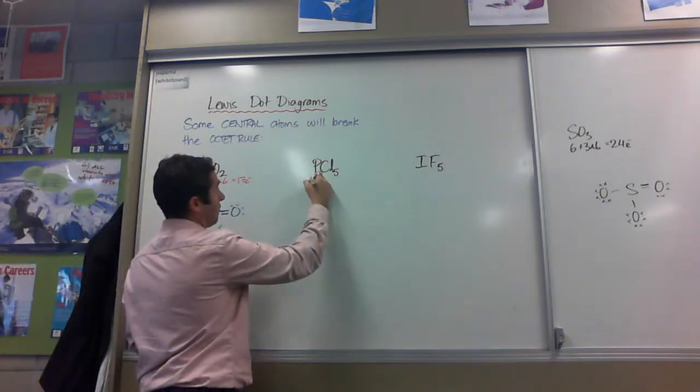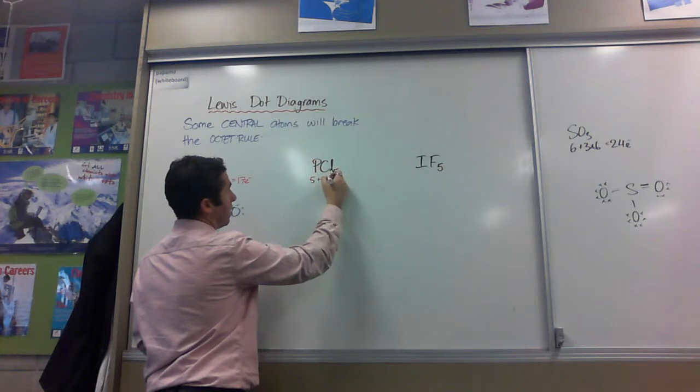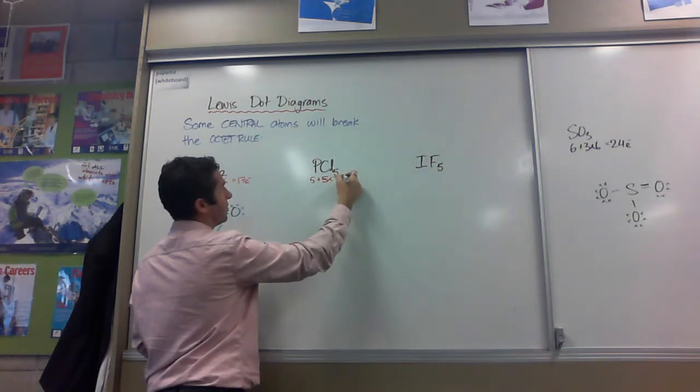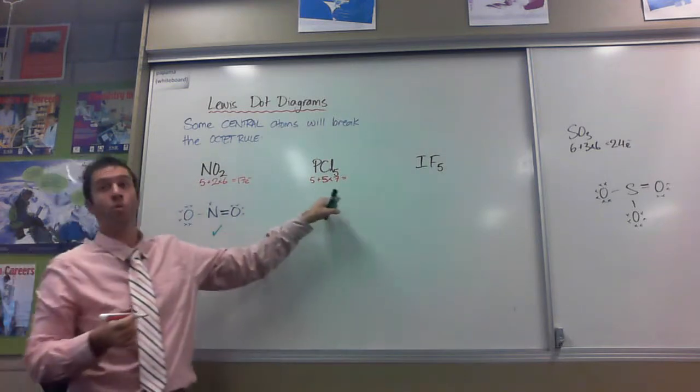So phosphorus being 5, and we've got 5 times 7. So we're going to have a total of 40 electrons here.